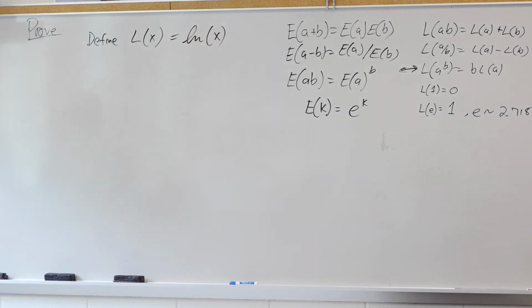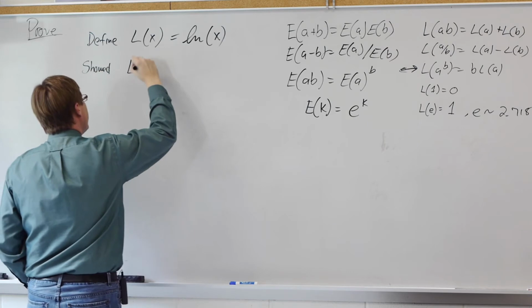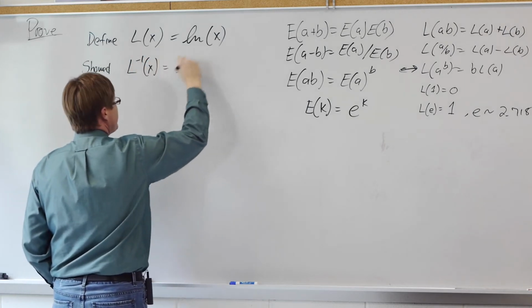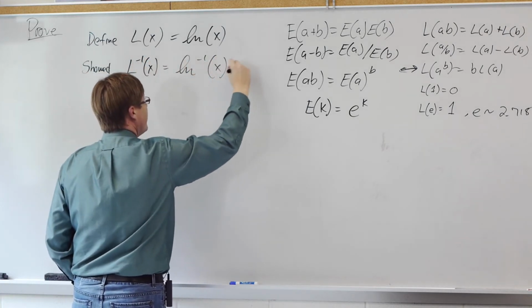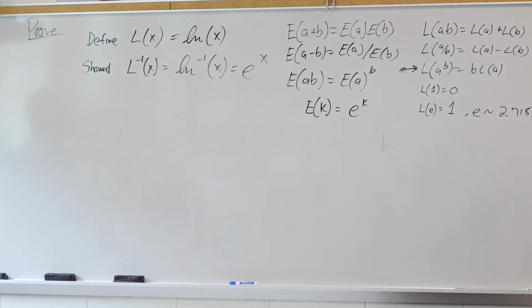So ln doesn't mean anything to us except now that I've defined it. Well, today I showed that the inverse of L, which is the same thing as the inverse of ln, is e to the x, my capital E function.